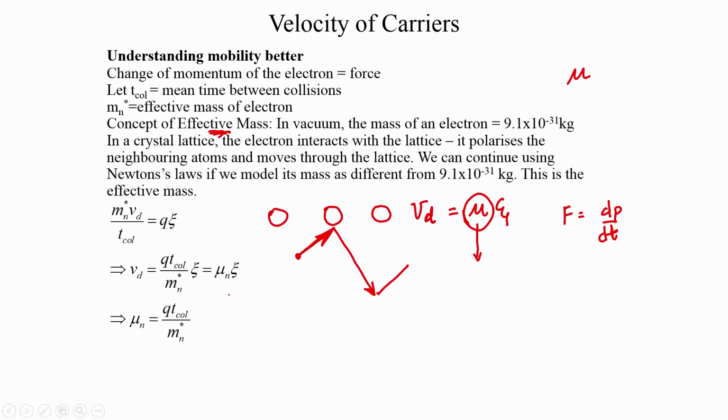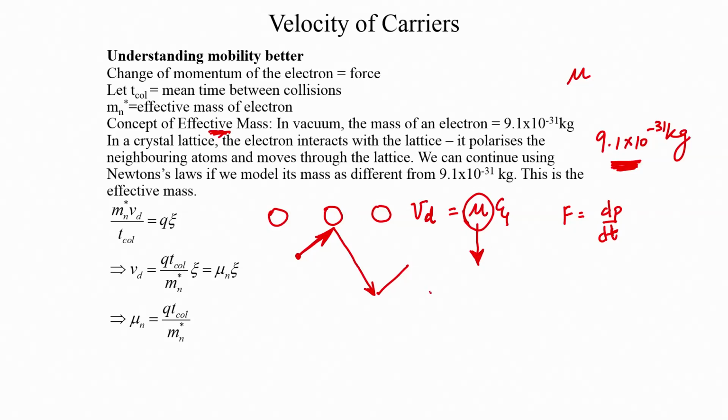The electron in vacuum has a mass of 9.1 times 10 to the power minus 31 kilograms, but the electron in a crystal does not have this mass. We will not use this mass because we want to develop a model that is very simple and that can describe the movement of an electron in a crystalline solid in a manner that is very close to Newtonian mechanics.